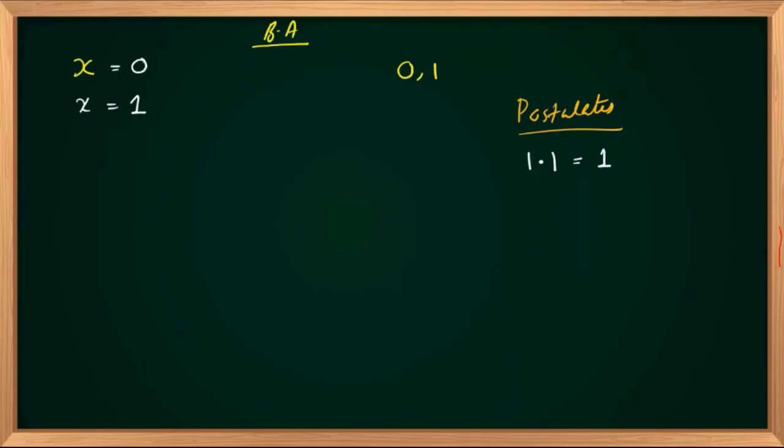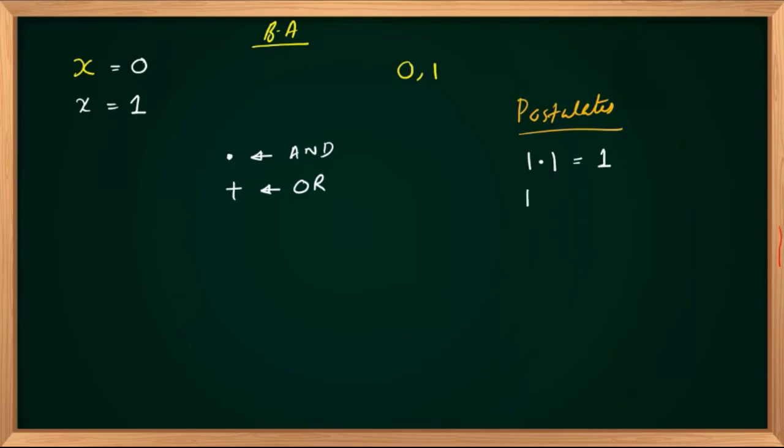We have basically two operators in Boolean algebra. The dot operator corresponds to the AND operation, and the OR operator simply corresponds to addition in decimal. If you take the AND operation between two logic ones, 1.1, you will get a logic 1 again.